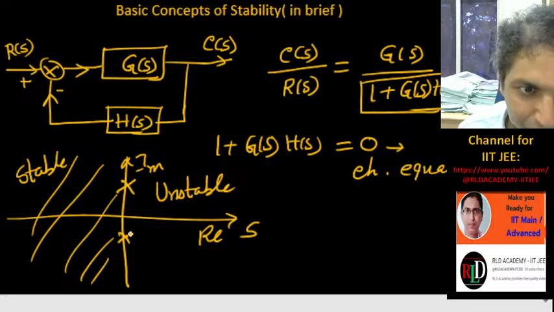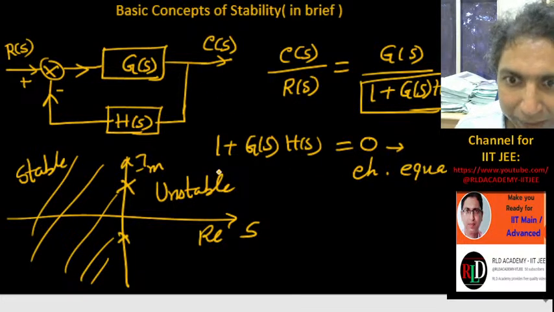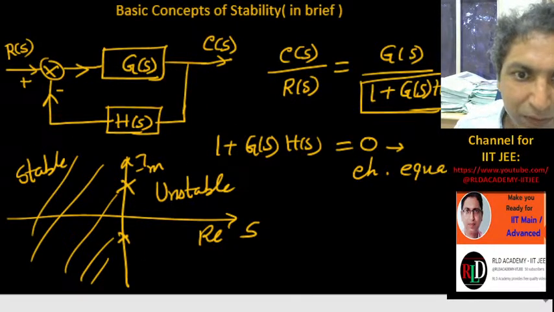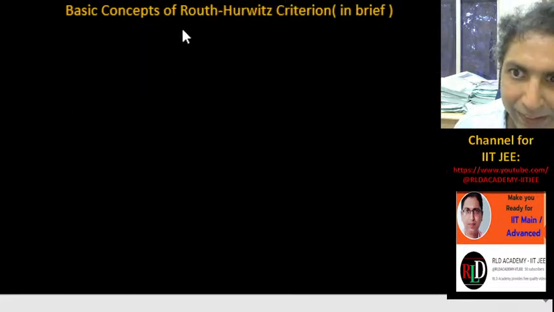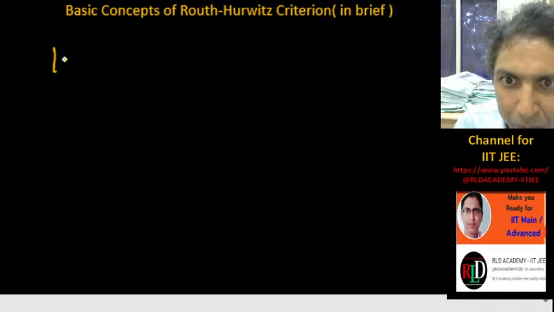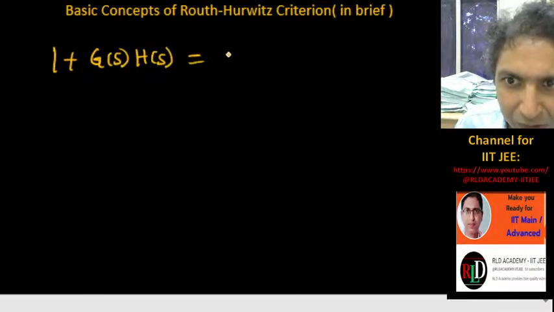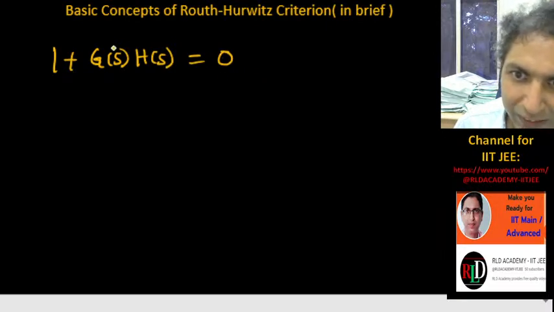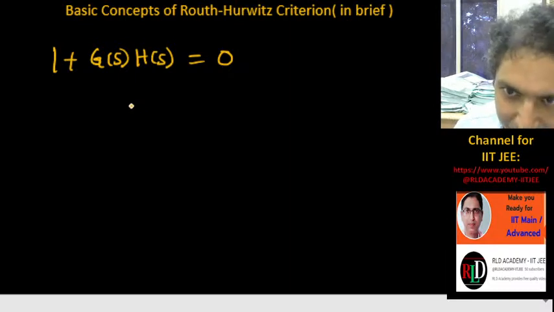Is it okay? Now the examples we will consider later on, and then we will consider the Routh-Hurwitz criteria. So you can see that 1 plus G of S H of S equals 0, this equation we need to solve, and its solution should be on the left hand side of the S-plane, then only it will be a stable system.